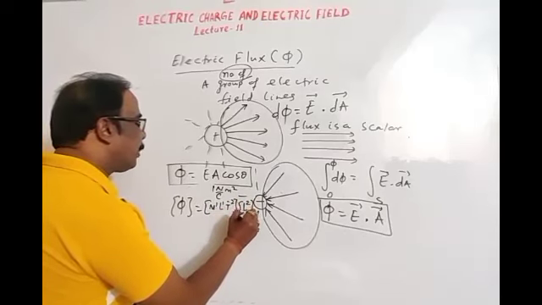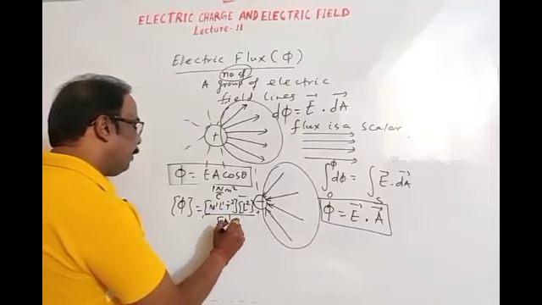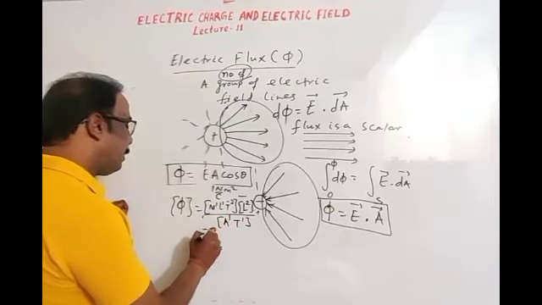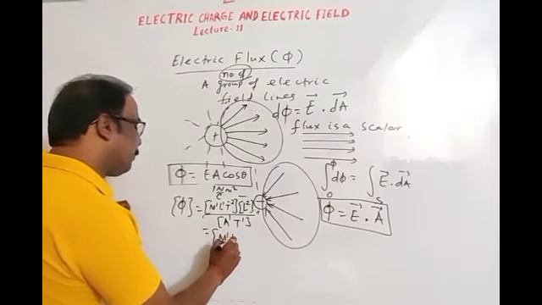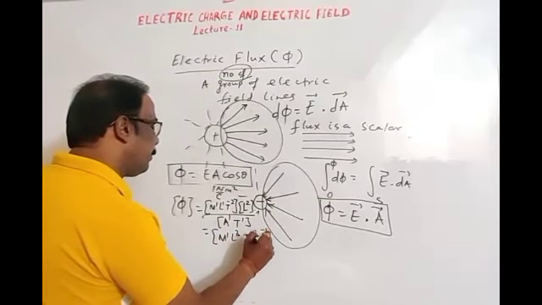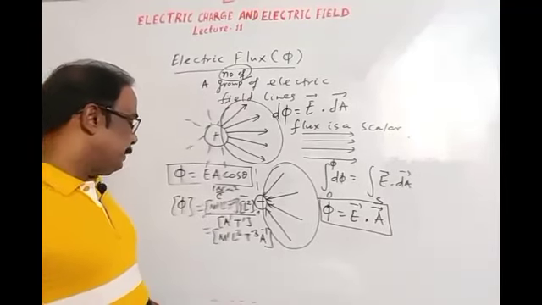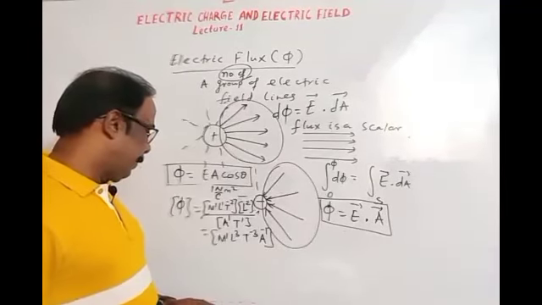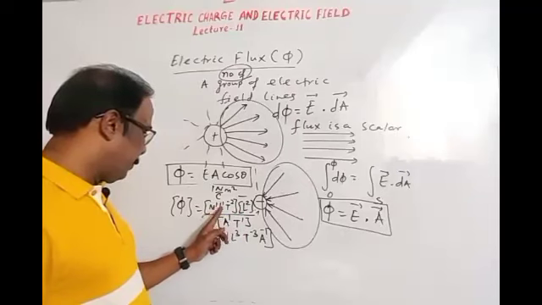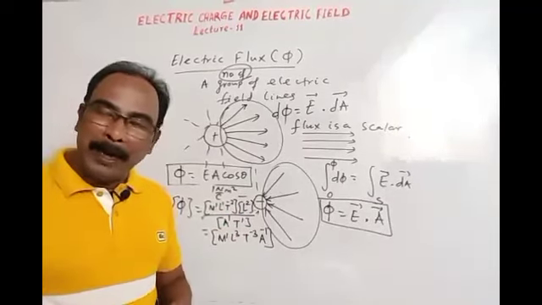Meter square means square of length, divided by charge, coulomb, which is current into time. By solving it you will get M to the power 1, L to the power 3, T to the power minus 3, A to the power minus 1. This is the dimensional formula of electric flux: M to the power 1, L to the power 3, T to the power minus 3, A to the power minus 1.